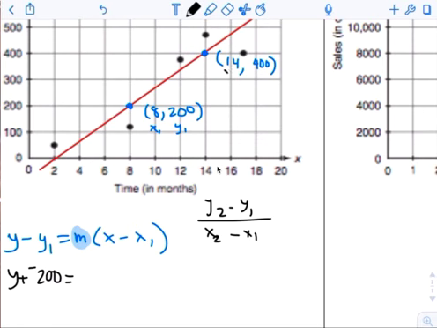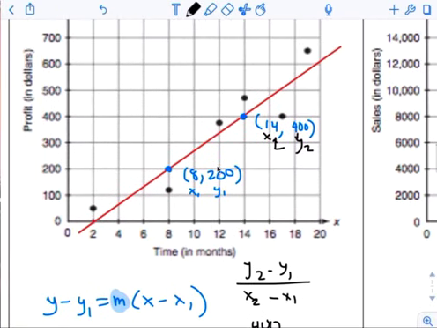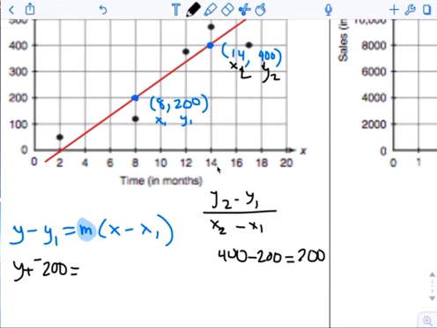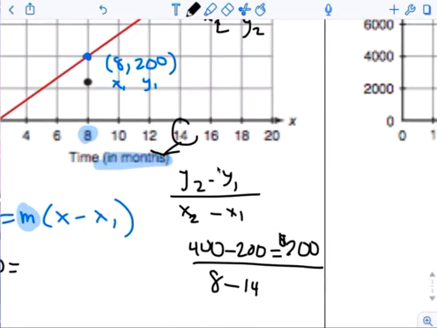Y sub 2 is 400, that's $400 minus $200, that equals $200, over 8 months minus 14 months. You get negative 6 months.